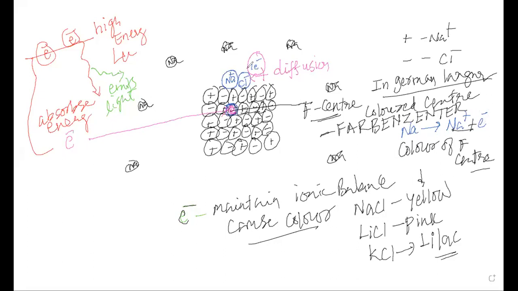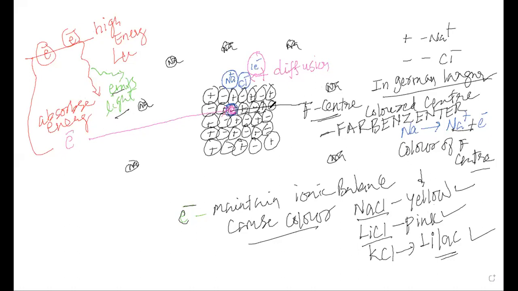The electron diffuses to the place from where the negative ion has diffused, absorbs energy, and goes to the higher energy level. While coming back, it emits light. Thus we can see a colored spot on the crystal. This colored spot is different for different crystals. NaCl gives yellow, LiCl gives pink, and KCl gives lilac.